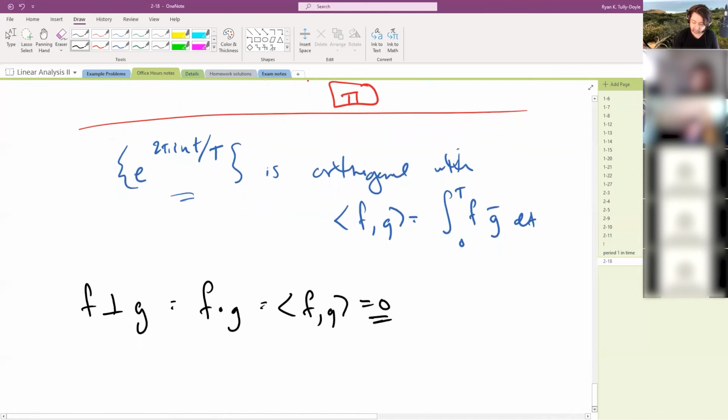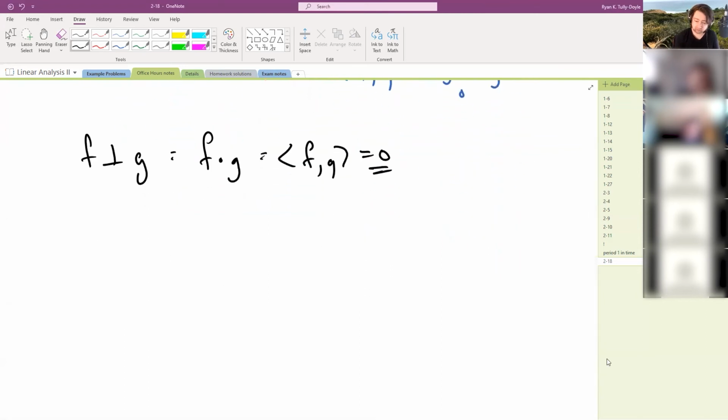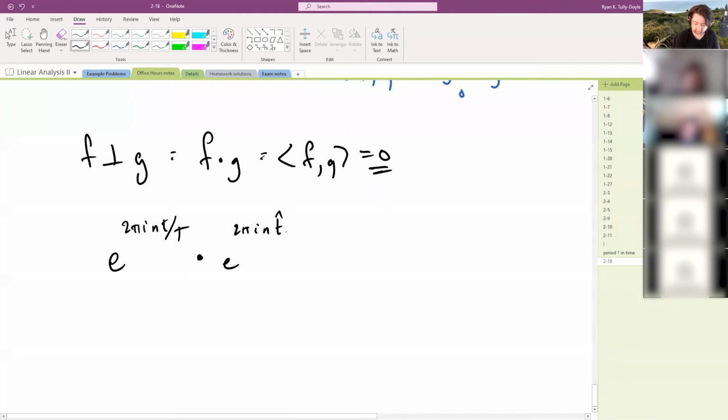Yeah, I remember that from before. Okay, so what we're being asked to do here is pick two different of these exponentials, right? So I'm going to do a dot product of e to the 2 pi i n t over T, and I'm going to dot it with e to the 2 pi i m t over T, with a different index, m.